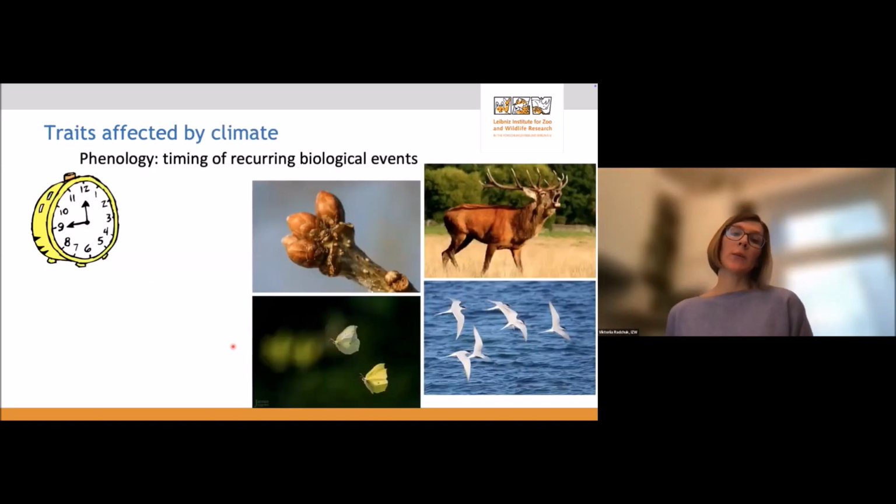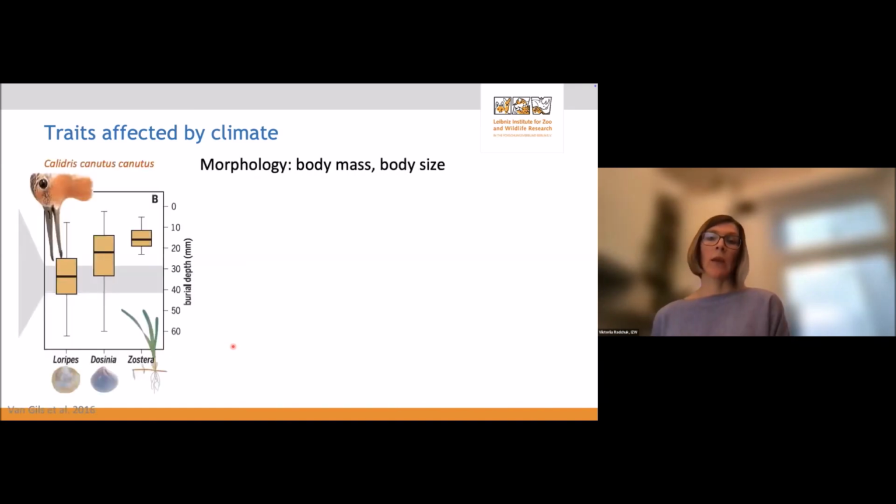Climate change affects multiple species traits, among them phenology, which is the timing of recurrent biological events such as reproduction or migration. Examples of such phenological traits are the day of the first arrival of migrants, lay date, and the mean flight date of butterflies. There is strong evidence across species that phenology is advancing with warming temperatures.